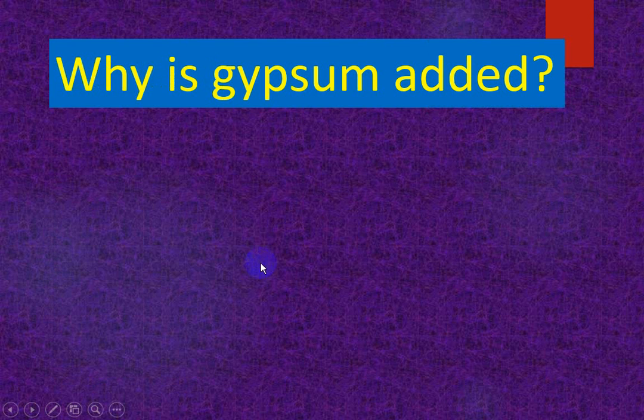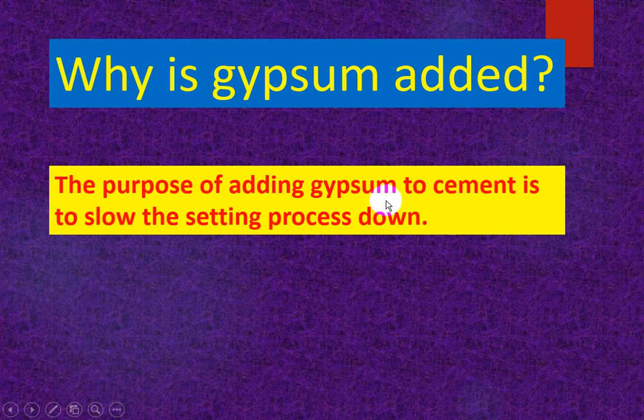Why is gypsum used? Gypsum is calcium sulfate. Why is gypsum used in cement? The purpose of adding gypsum to cement is to slow the setting process down. Cement dries slowly; if it dries quickly, it breaks down, so it slowly becomes solid.